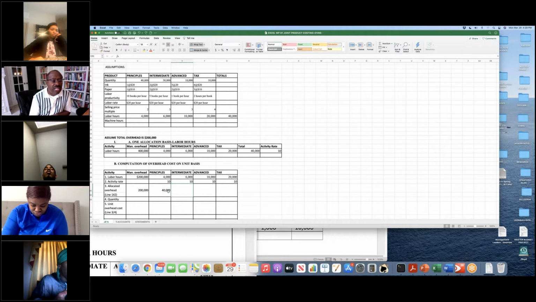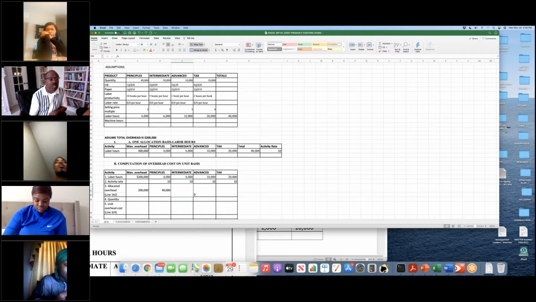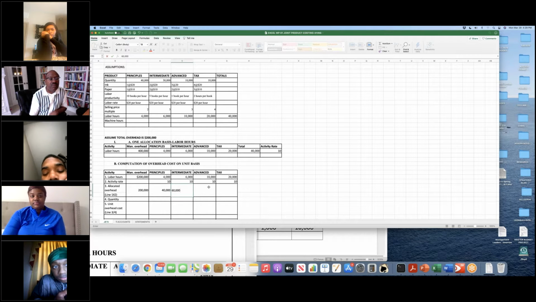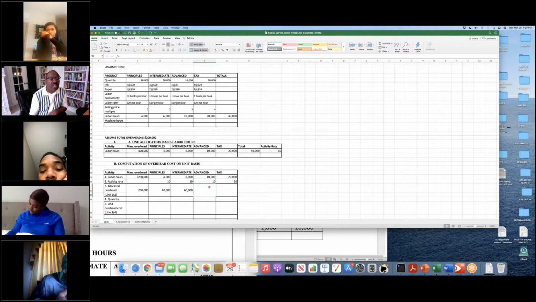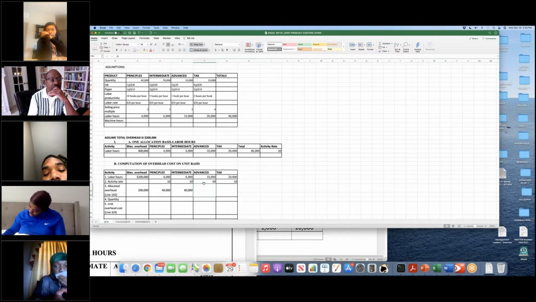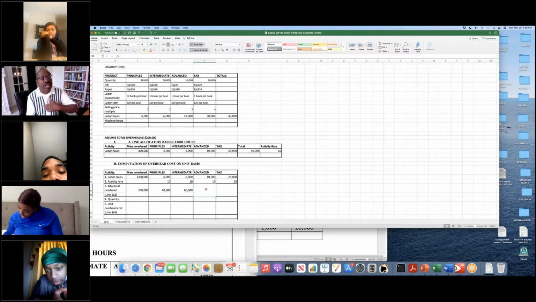The issue is that these lines are not the same size. I'll let you all figure out a way to do that, hopefully using lines the same size. We know that this is 60,000 for the next one? Yes. Then 100,000.